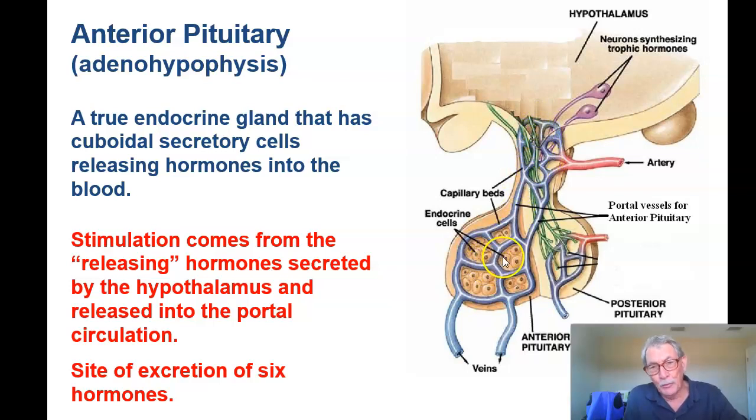Those hormones will turn on these little cuboidal endocrine cells to send out all the hormones that come from the pituitary. And these neurons here, these are actually neurons from the hypothalamus that are coming down and sending out your two posterior neurohormones into the bloodstream from your posterior pituitary.